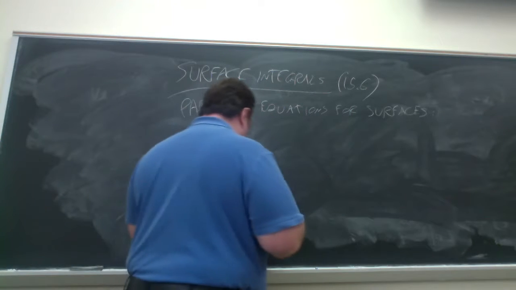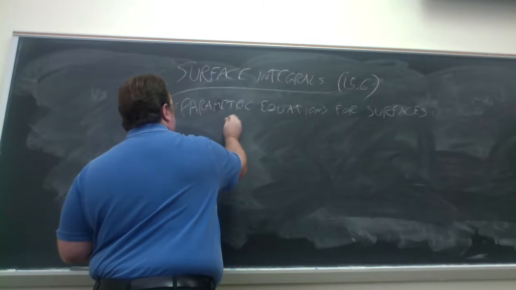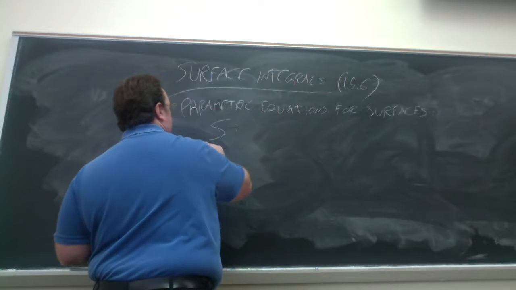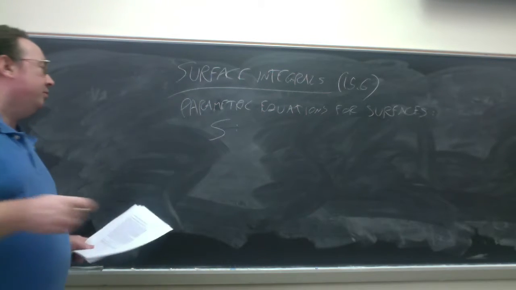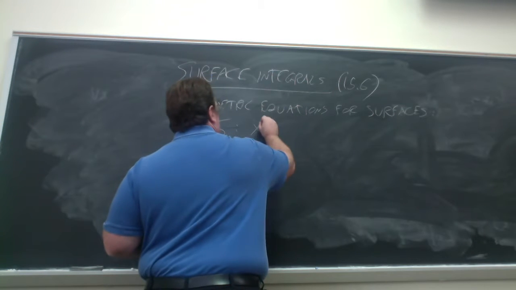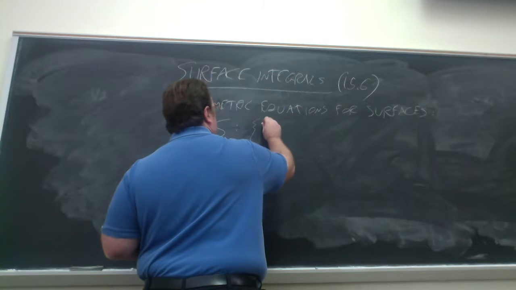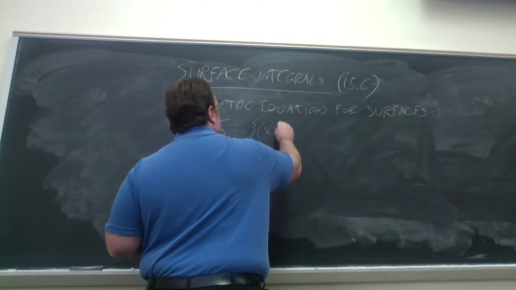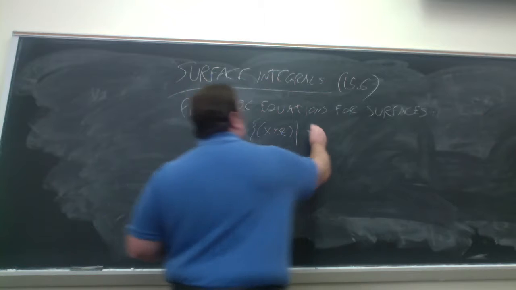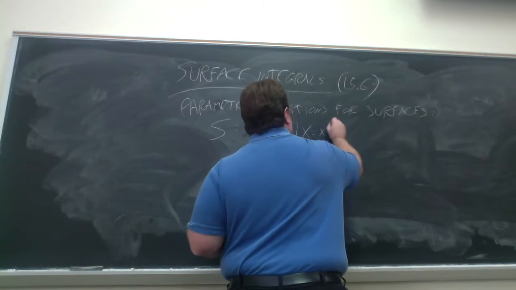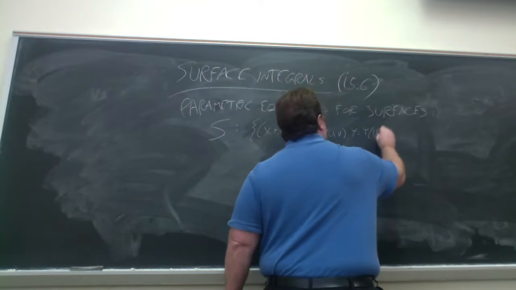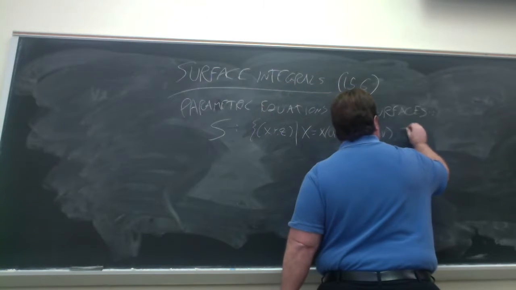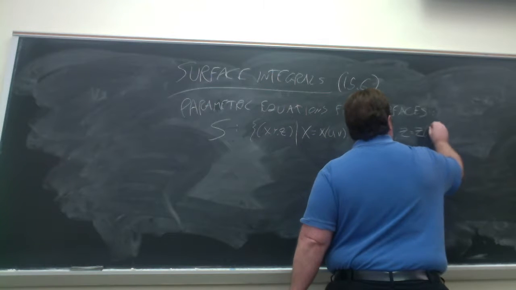Okay. So the idea is you have a surface S. Just as I use the letter C to refer to a curve, I use the letter capital S to refer to a surface. We have parametric equations. So you can think of a surface as a set of all points x, y, z, such that x, y, and z are functions of 2 parameters, which I'll refer to as u and v.